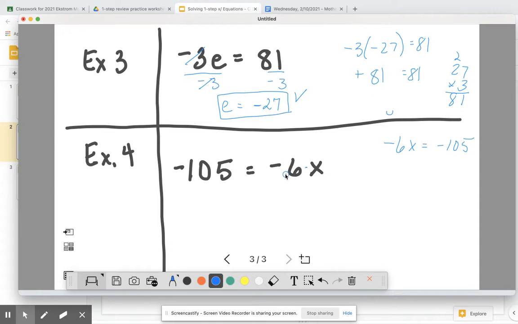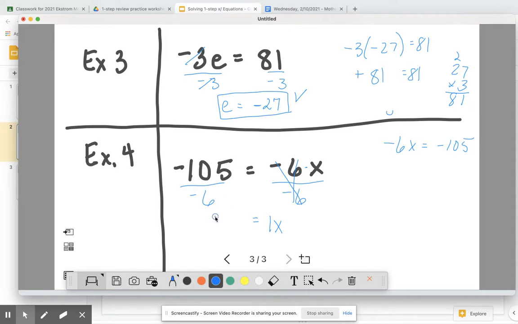So I ask myself what the inverse of multiplying by negative 6 is, and it is to divide by negative 6. Okay? These cancel out. Negative 6 divided by negative 6 gives me 1x. You don't have to write the 1, but you can. And negative 105 divided by negative 6.